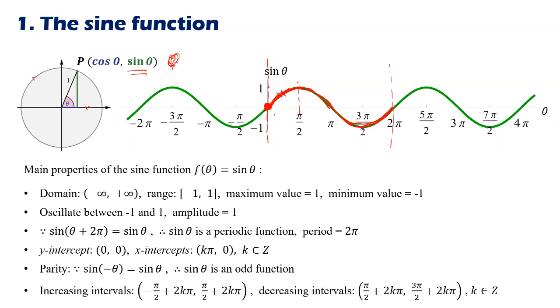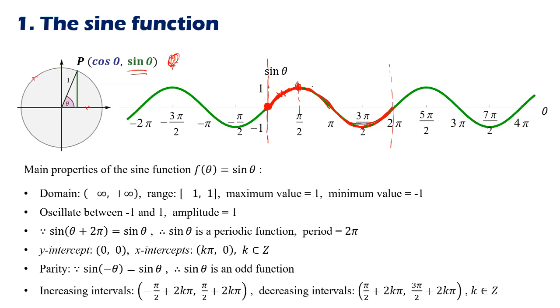As theta goes from 0 to 1/2 pi, sine theta goes from 0 to the maximum value of 1, right? It is increasing in this section. And after that, theta goes from 1/2 pi to pi, right? And in this process, the y coordinate decreases from the maximum value of 1 to 0, right?